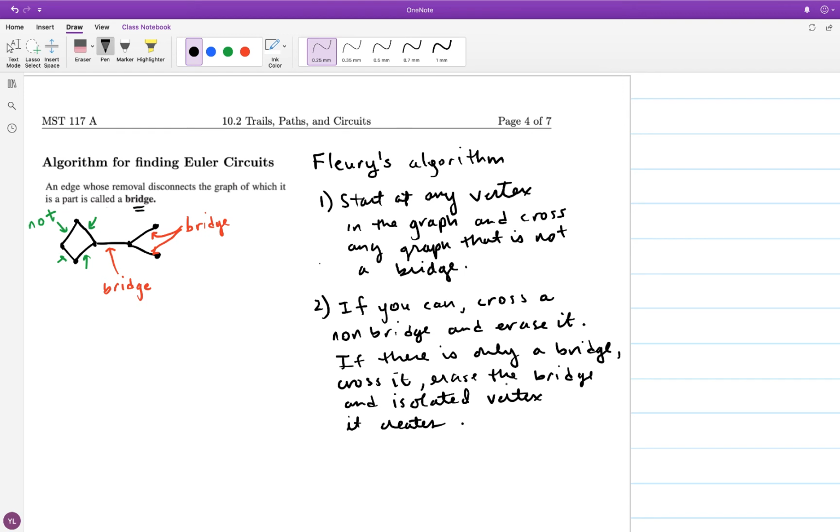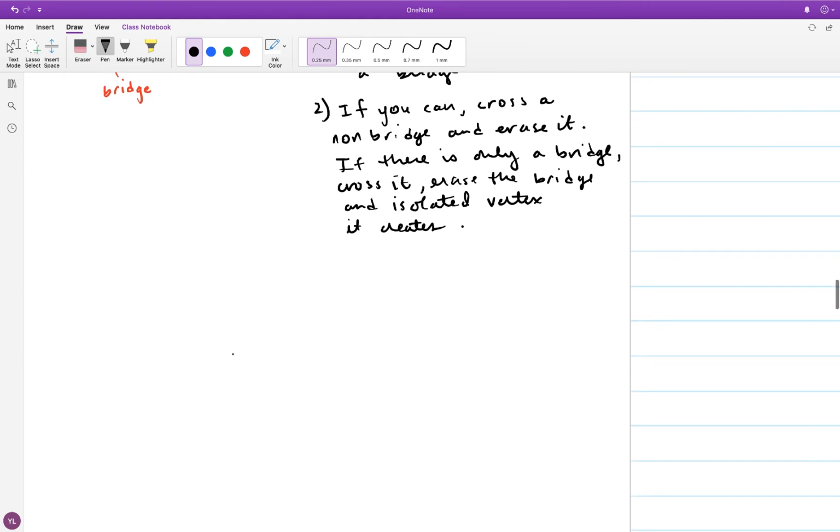You traverse the edges of the graph one by one, and you're just crossing the edges that are not bridges first. When you're forced into crossing a bridge, you do so, but it's going to be necessary that if you're in that situation, the bridge actually is a bridge between an isolated vertex and the rest of the graph. So let's go through an example so that you can see how this works.